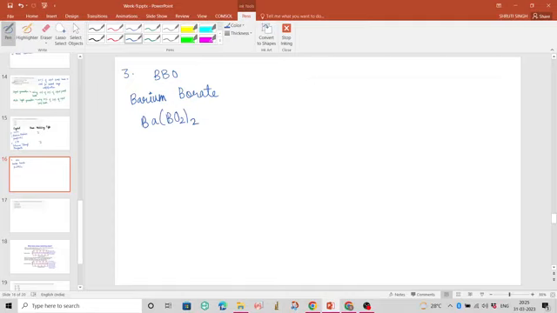It has phase matching type 1. Another which is used is LBO, lithium triborate, LiB3O5. This also has type 1.